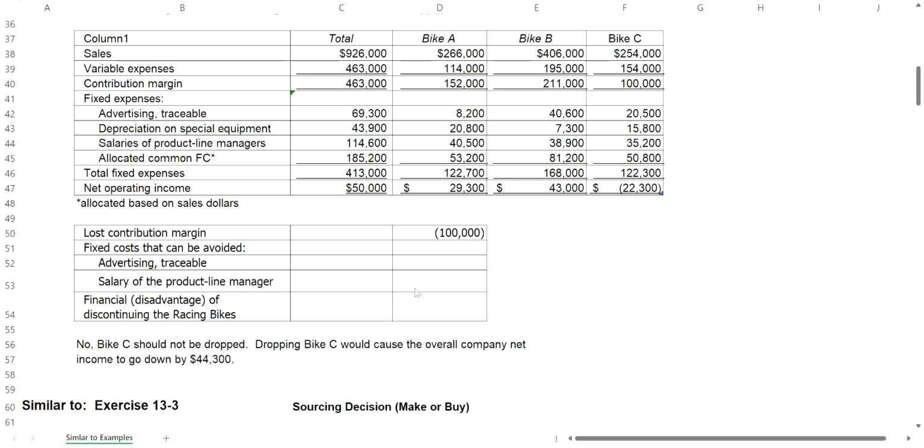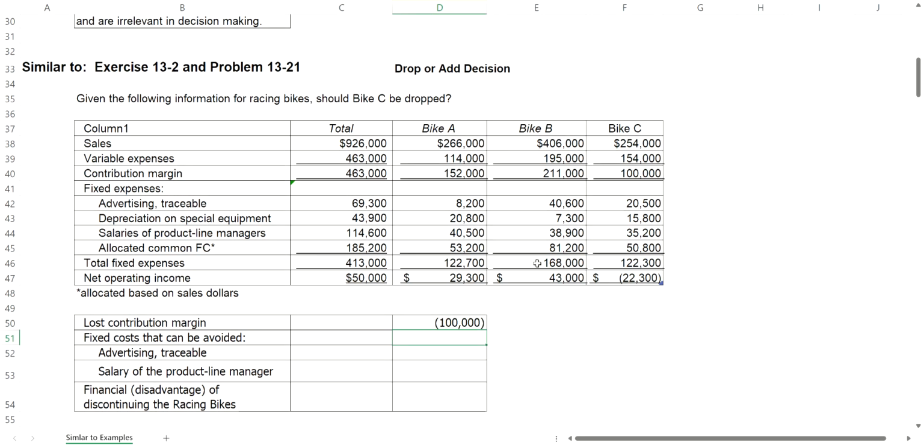Next, I want to take a look at any fixed costs that could be saved. In this case, it does say that the advertising is traceable. So that means the advertising expense is directly related to each bike. So therefore, if I no longer sold Bike C, I could eliminate that $20,500 in fixed advertising expense. Okay, so I'm going to put that here.